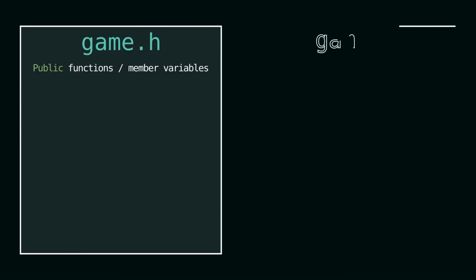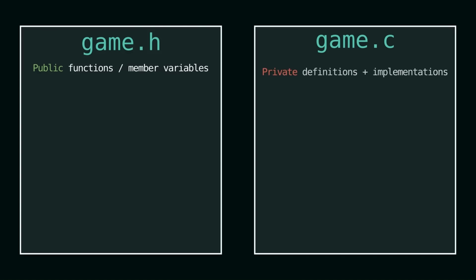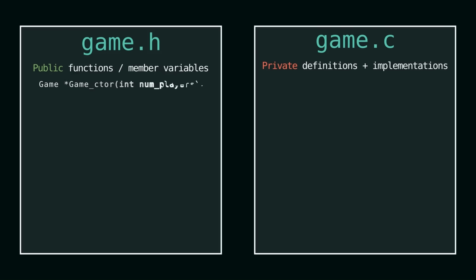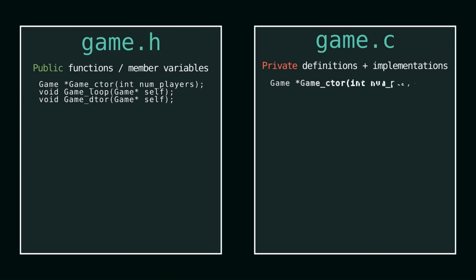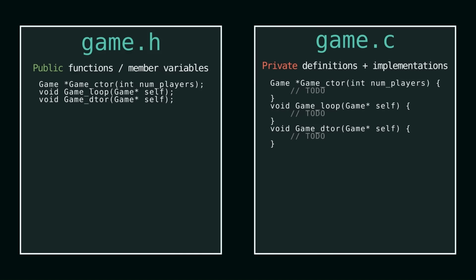And it has its own corresponding C file for the implementation details, as well as definitions intended to be restricted from outside access, i.e. anything private. Imitating public methods in C is simple. Add the function declaration in the header file and define it in the C file. Any file that includes the header can then call these methods.